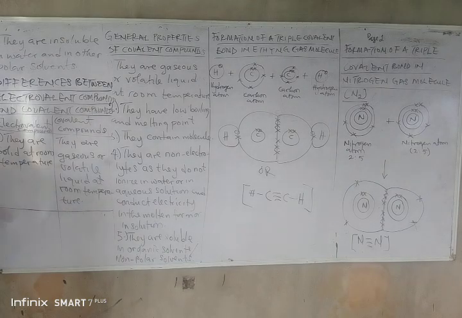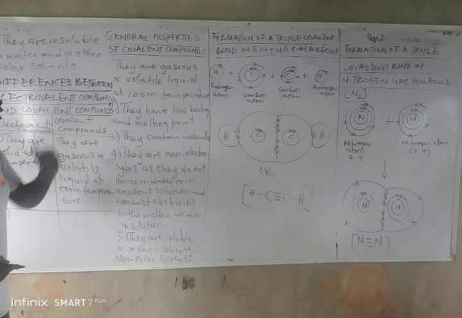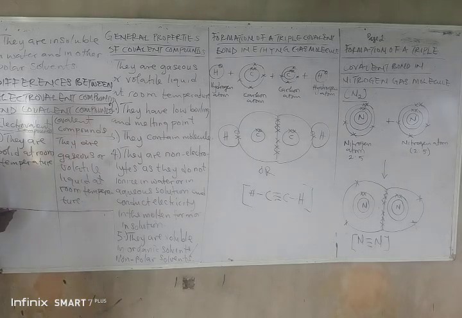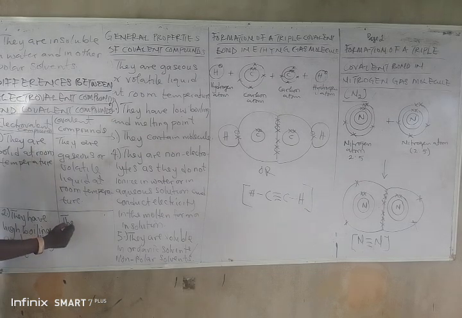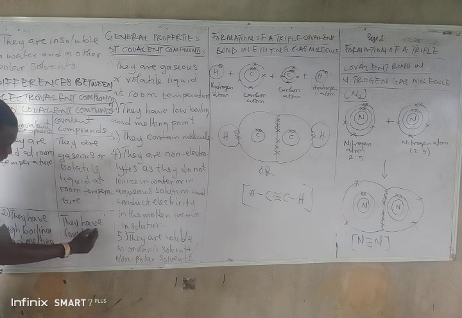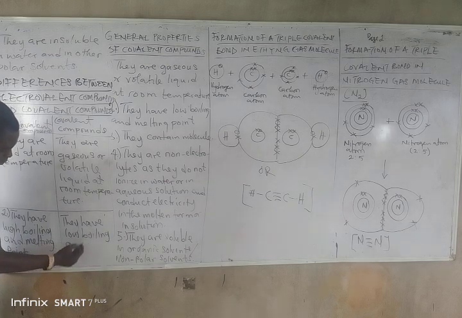Then number 2, you can use the property here. Electrovalent compounds have high boiling and melting points. But these ones have low boiling and melting points.